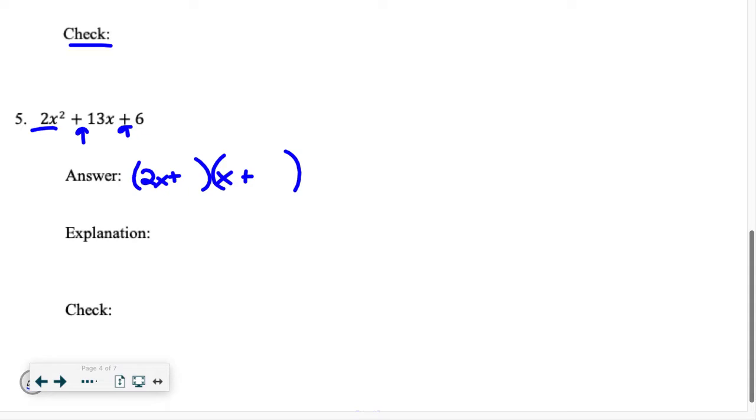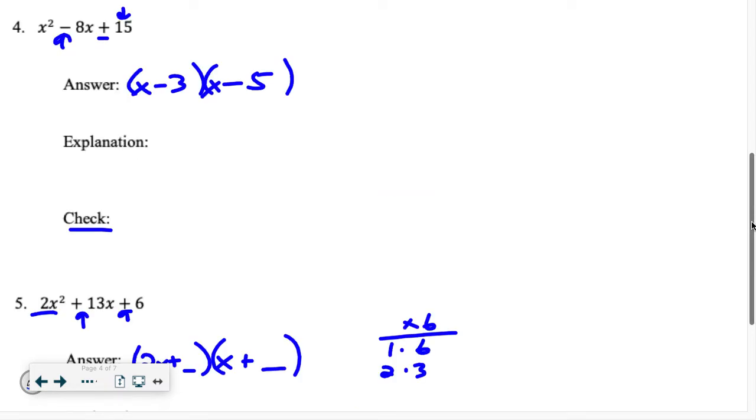Now as for the numbers, these numbers are going to multiply up to 6. Here's where the guessing and checking has some more guessing involved. If I need to multiply to 6, I know that is 1 times 6 and 2 times 3. So from this pattern, I actually have 4 possibilities of what's going to work here.